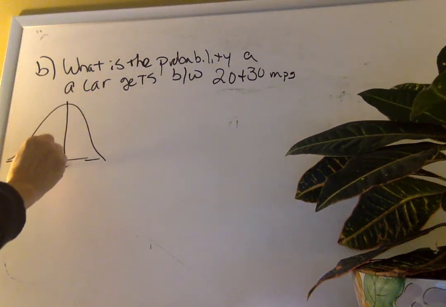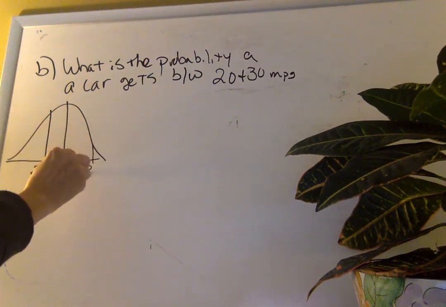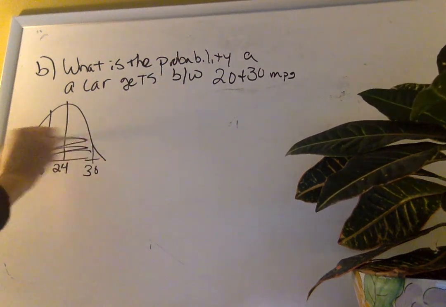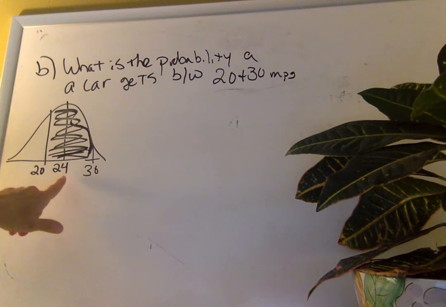All right, the mean's 24. I don't know where 20 is. It's somewhere over there. I don't know where 30 is. It's somewhere up there. This is what they want from me, right? Now, this is one of the few pictures that I will be the first one to tell you that the picture's not that helpful.